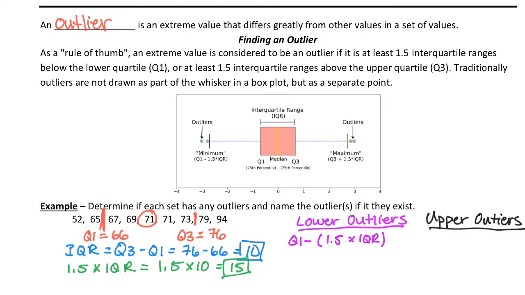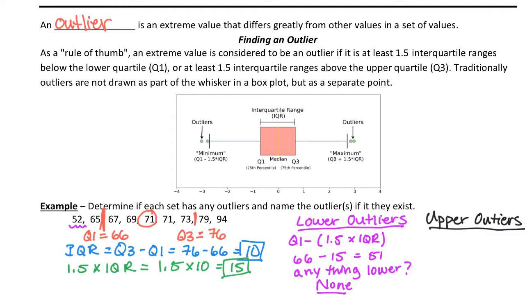In this case, we're going to take 66 minus 15, and that's going to equal 51. Then you're going to ask yourself, is there anything lower in our set of numbers? Our lowest number is 52, so there are no lower outliers. So there's none for the lower outliers.